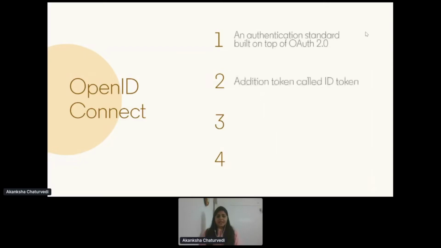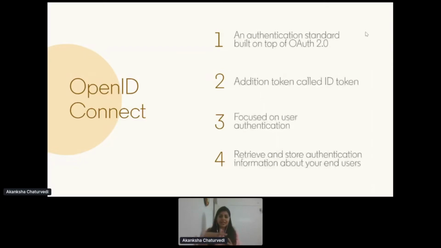So OpenID Connect takes the OAuth 2.0 framework and adds an identity layer on top of it. And it does so by adding an additional token called the ID token. Now, this is a new token type that the authorization server will return, which encodes the user's authentication information. And it also allows the clients to actually verify the profile information and all the identity related information.